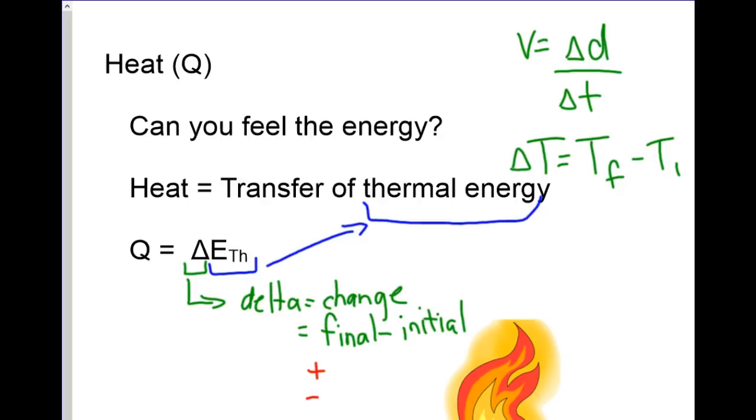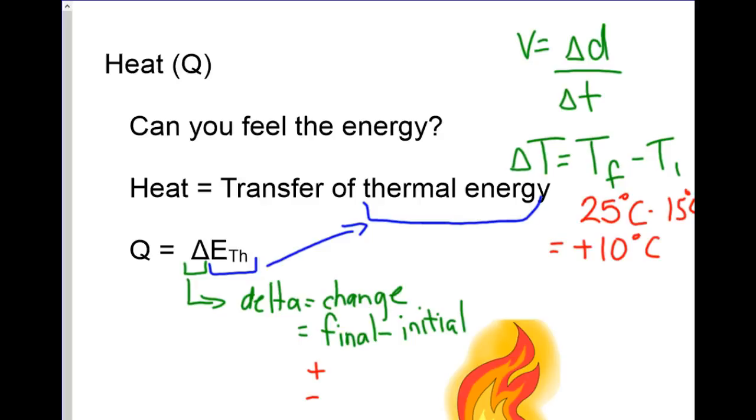Let's put it in the context of temperature then. If I was at 25 degrees Celsius at the end of my experiment, and I started at 15 degrees Celsius at the beginning of the experiment, I have a change of positive 10 degrees Celsius. Has my temperature increased or has my temperature decreased?